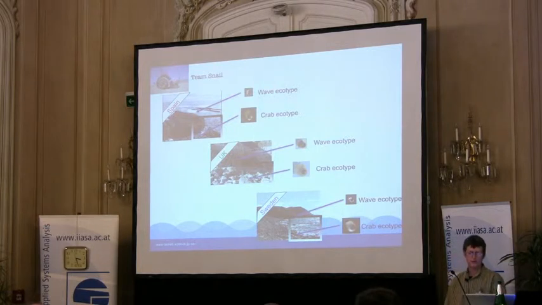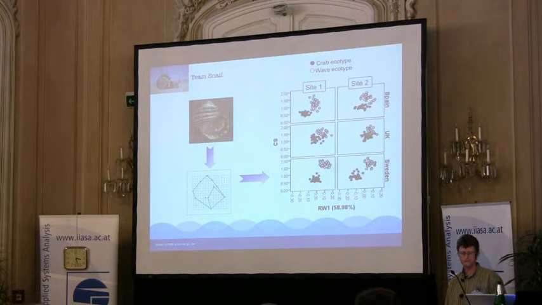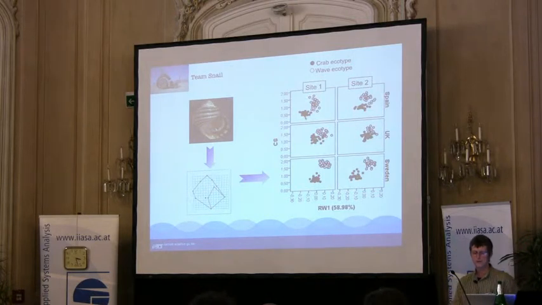So what we did as a first thing was to study the morphology using classical morphometry. What you can see is that from the 2 different sites within the same country, we have consistent patterns of wave ecotypes and crab ecotypes, and they are split so much that there is practically no overlap.